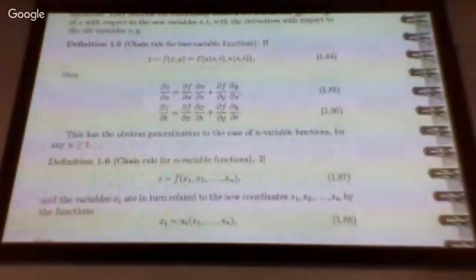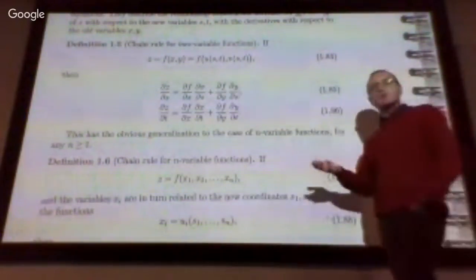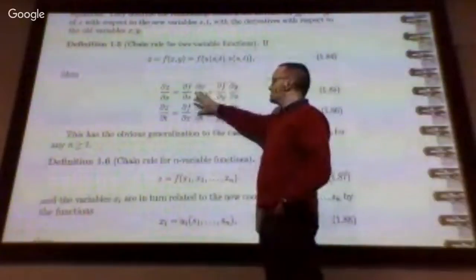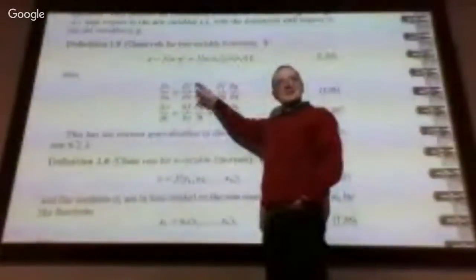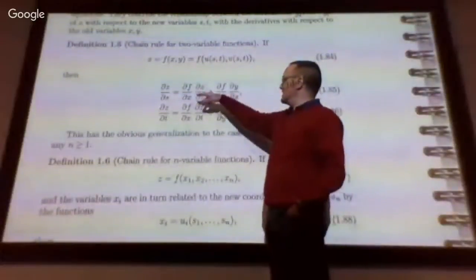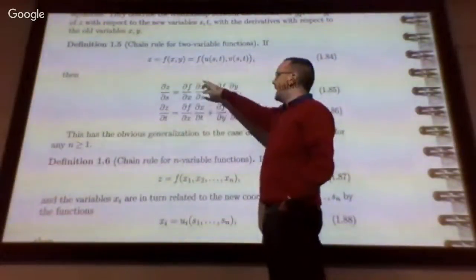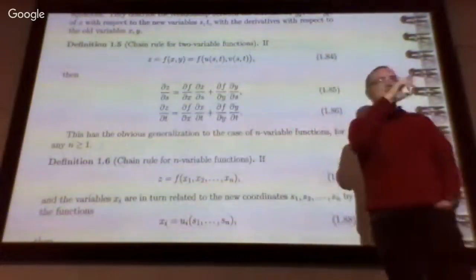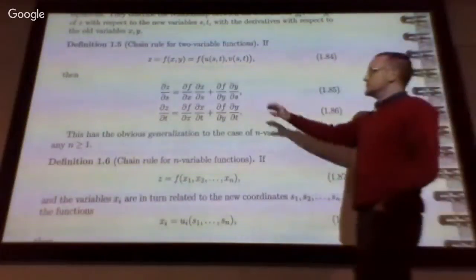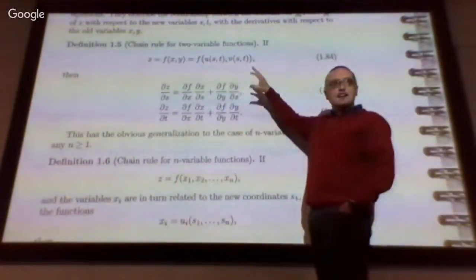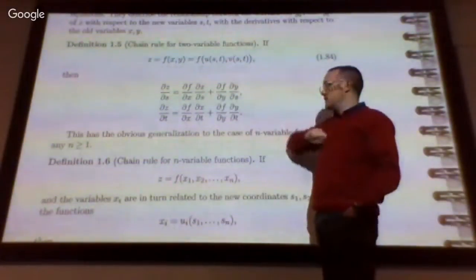They tell you what those partial derivatives are in terms of the partial derivatives with respect to the old coordinates, df/dx and df/dy, and the partial derivatives of the transformation function between the two systems of coordinates. This is the form they take in the two-variable setting.